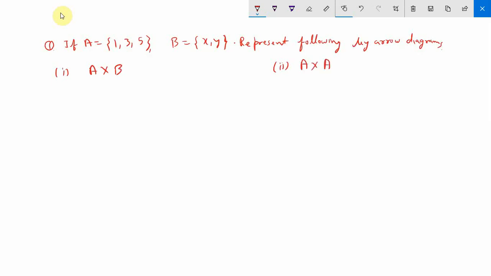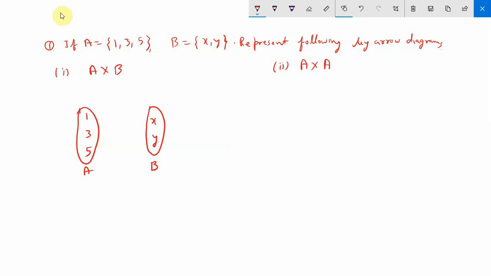In Cartesian product, the two sets we may consider the same also. So for A into B, what do we have to draw? We will first draw set A, then set B. Elements of A are 1, 3, 5 and B is x, y.